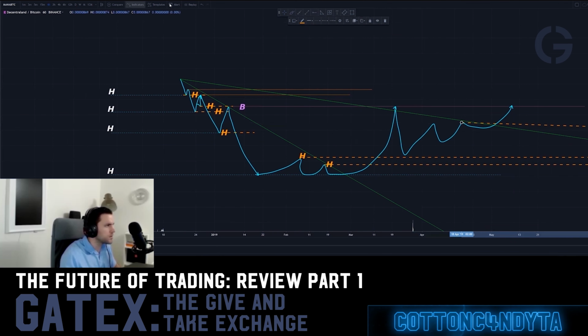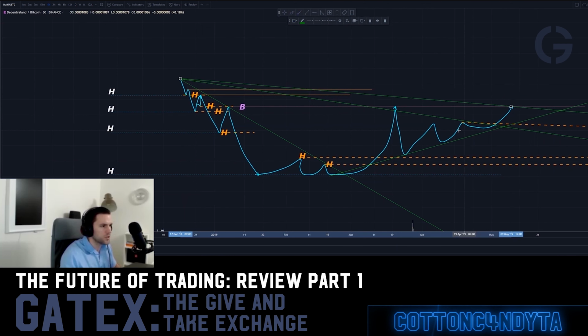All right, which is giving you this uptrend against this downtrend. That perfect little squeeze wedge we all love so much. It's a bit messy still, but it's not bad.